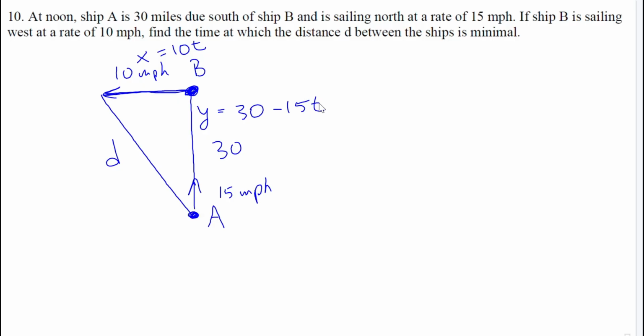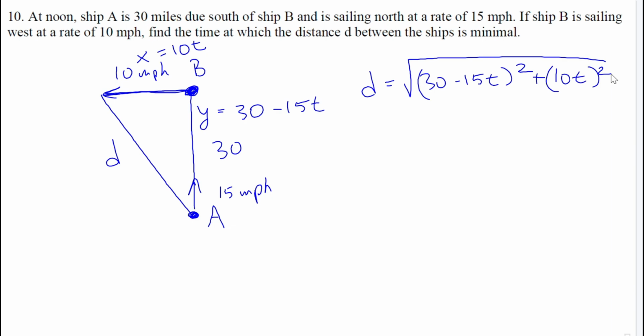So our distance should be equal to the square root of (30 minus 15t) squared plus (10t) squared, right?